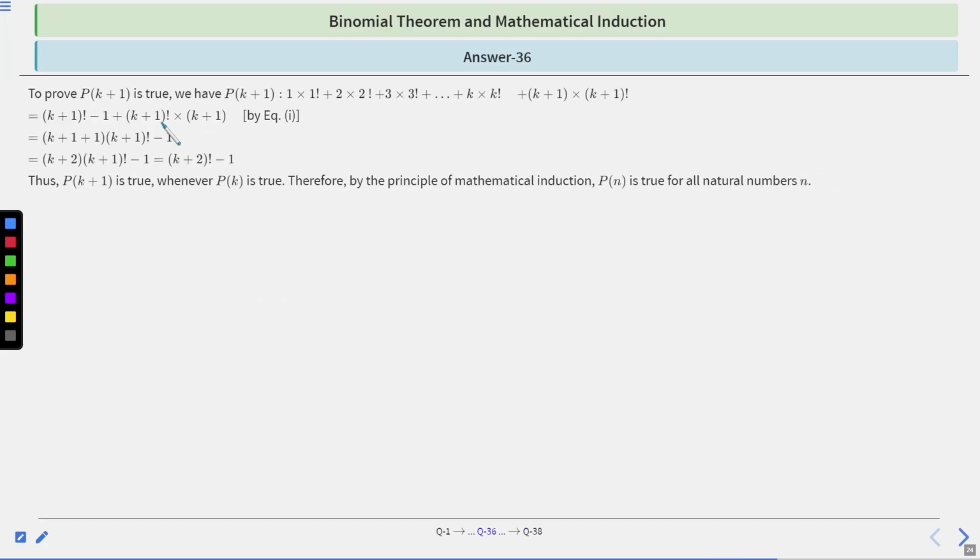Now to prove Pk+1 is true, let's calculate Pk+1. So Pk+1 is 1·1! + 2·2! + 3·3! + ... + k·k! + (k+1)·(k+1)!, right?